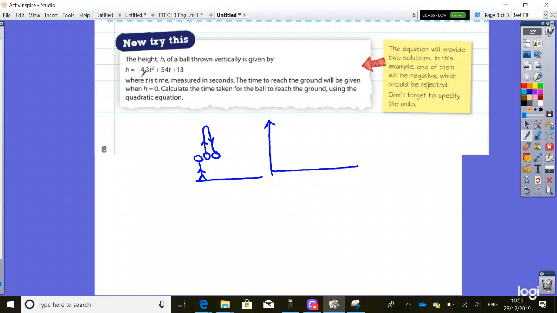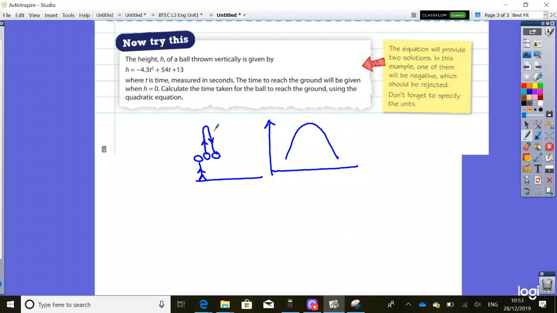If you remember, when you plot quadratic equations with a negative a coefficient, you get a sad curve. So that's a hint that the negative is appropriate to this model. Obviously it's only doing that because of gravity.